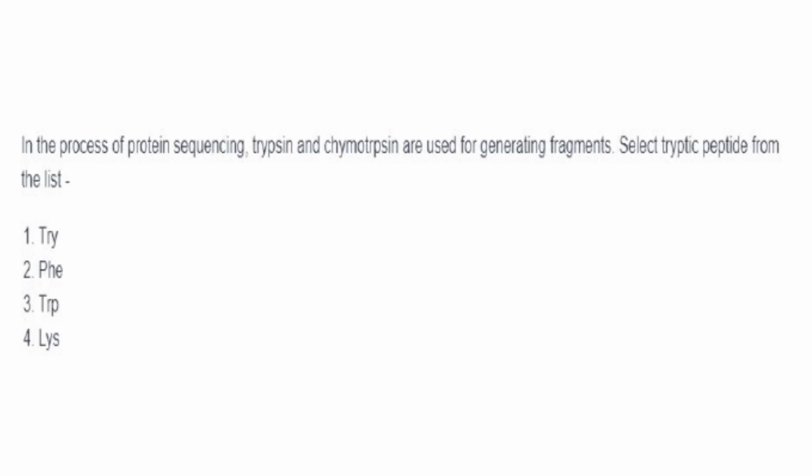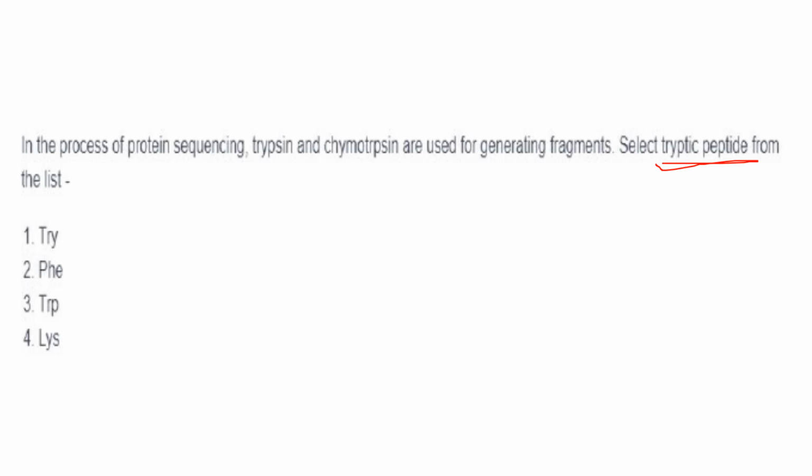In the process of protein sequencing, trypsin and chymotrypsin are used for generating fragments. Select the tryptic peptide from the list. Now trypsin, I told you, it cleaves the peptide bond on the carboxyl side of lysine and arginine amino acids. Lysine and arginine only.